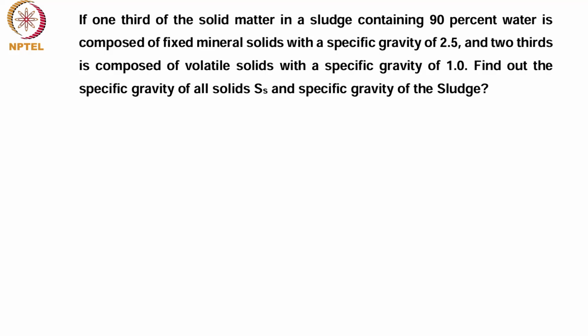Then you have the remaining 10% solids, and in that solids you have 2 by 3 solids as volatile, and then you have 1 by 3 solids as fixed. So this is the given content.